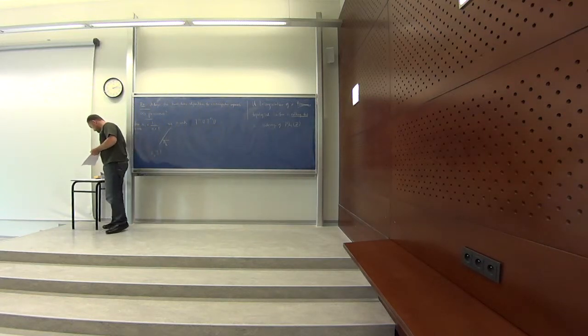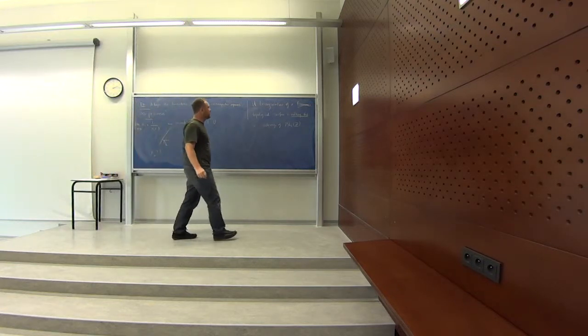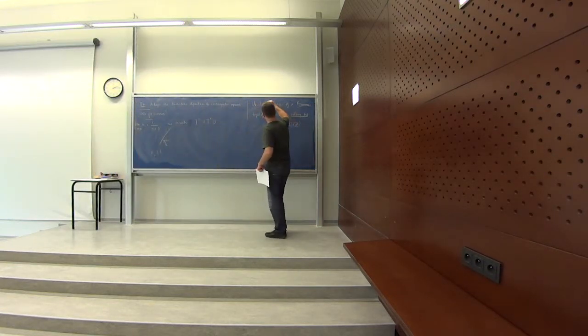So I must define this statement in several ways. You can try to memorize it this way, but here I have to say combinatorial type and combinatorial ideal triangulation.